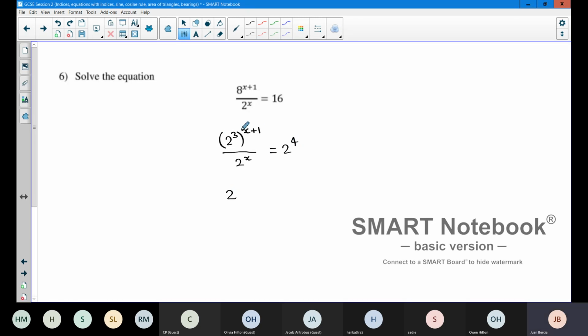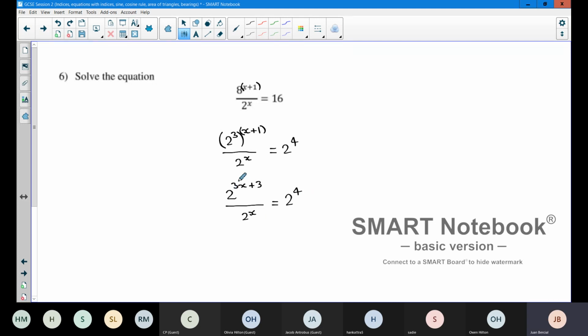So remember, the 3 is going to multiply the whole thing, so it's a good habit to put things in brackets so we don't forget that. So it's 2 to the 3x plus 3, divided by 2 to the x equals 2 to the 4.